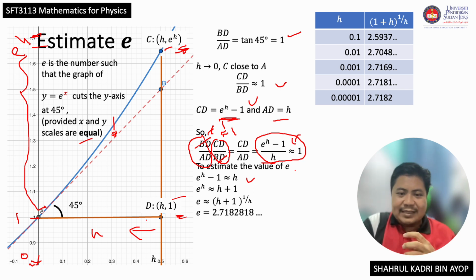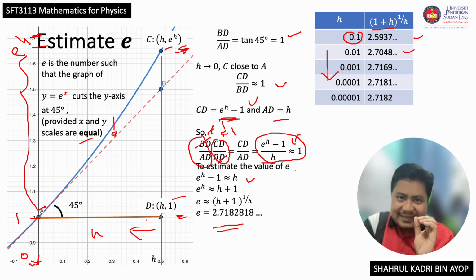Then we try to have a numerical calculation. Because h is very small, if h equals 0.1, we have this term equal to 2.5937. If we make it smaller, 0.01, we get this. So as we make it smaller, we will have the exponential equal to 2.7182818.